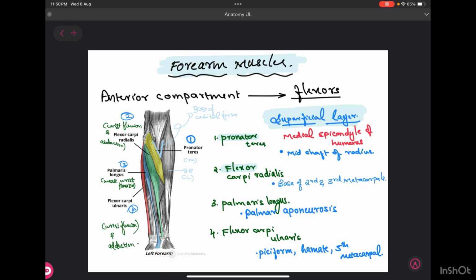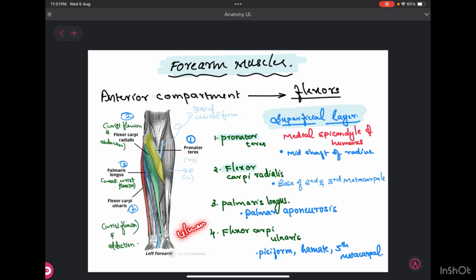On the lateral side, radialis is adjacent to the thumb. Just think like that. The radius is here, so radialis, the radial nerve and the thumb all come in a single line, all on the lateral side.